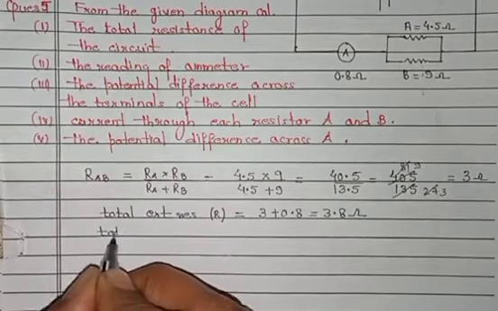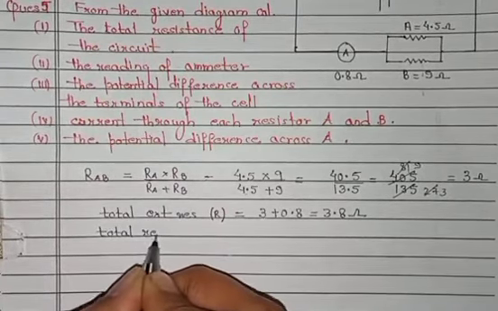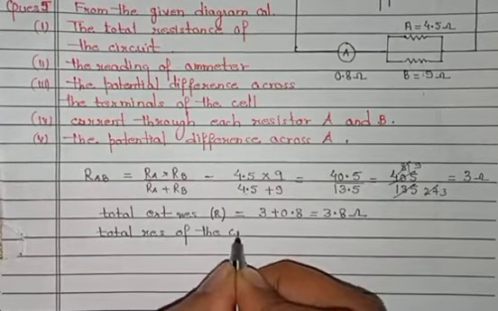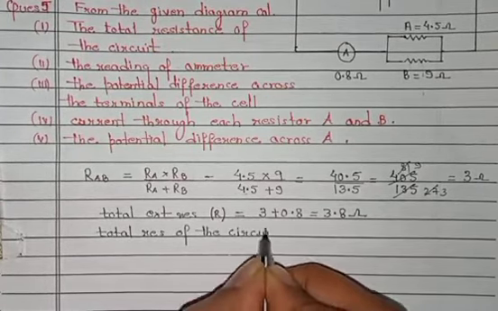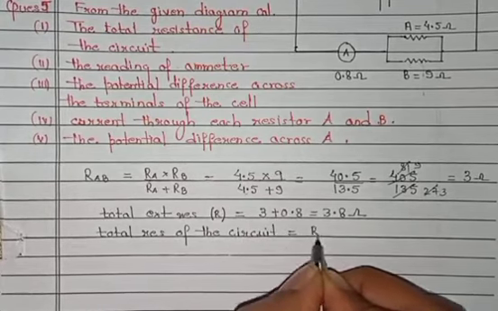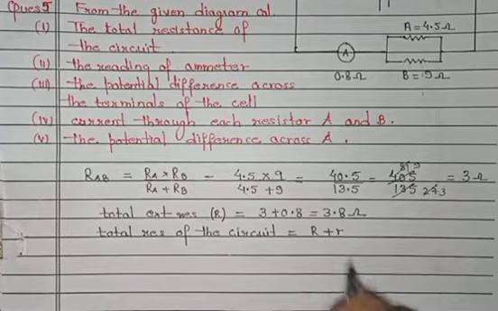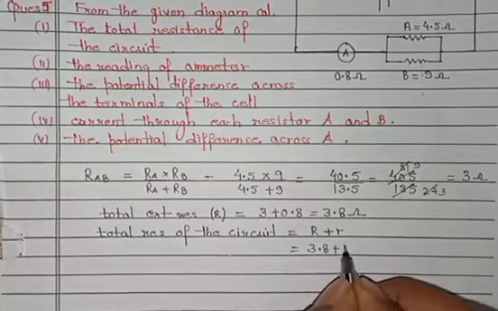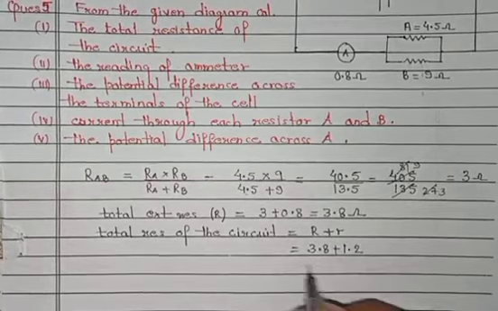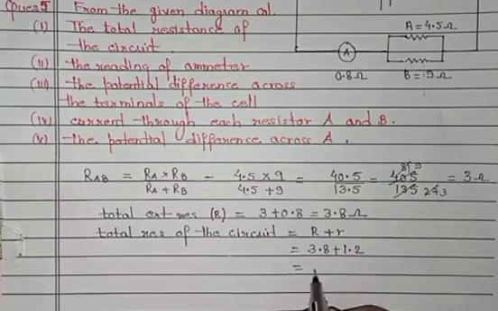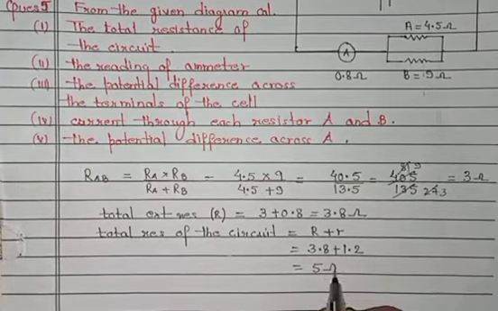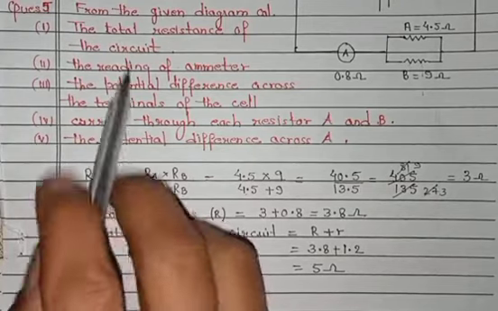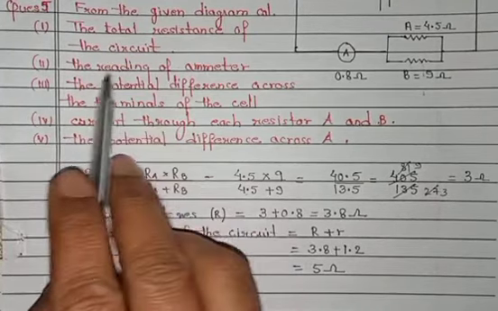So the total resistance of the circuit, capital R plus small r, is 3.8 plus 1.2, so that will give you 5 ohm. That is the total resistance of the circuit. In the first part they have asked you to calculate the total resistance.